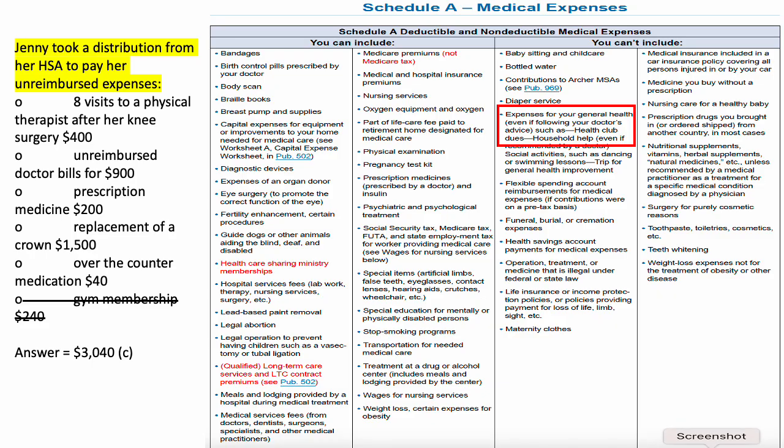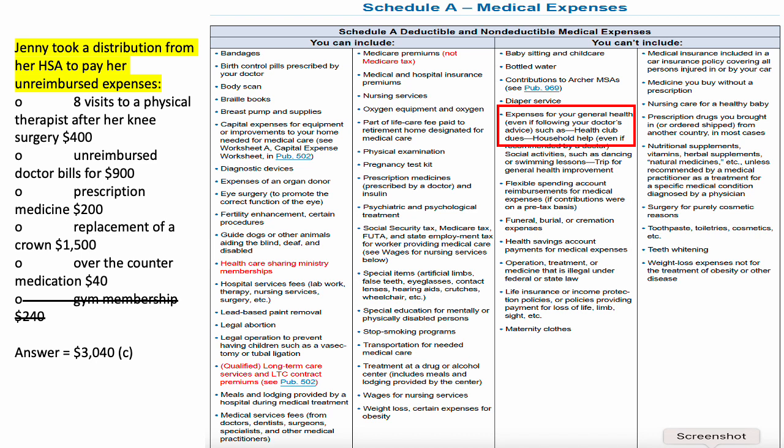So here's Schedule A, and here's Jenny's unreimbursed expenses. We know that visits to a physical therapist, the doctor bills, prescription medicine, and replacement of crown, which is dental, which they said was fine, are allowed. Over-the-counter medication, we just saw, was a qualified medical expense.